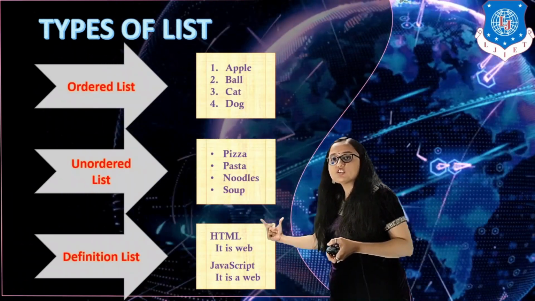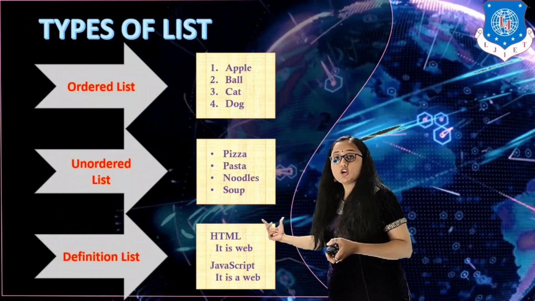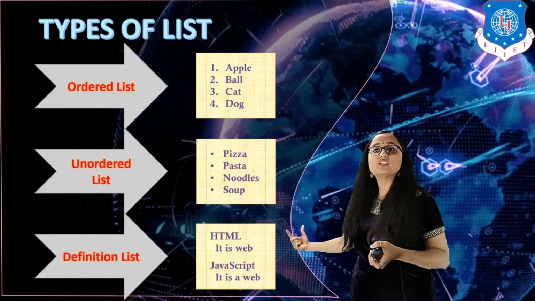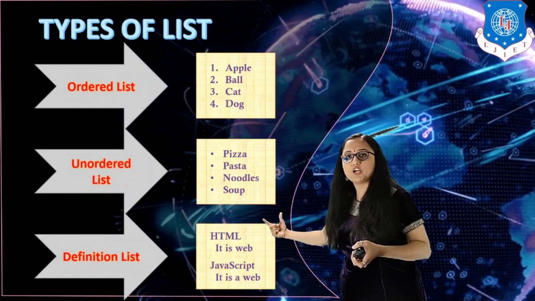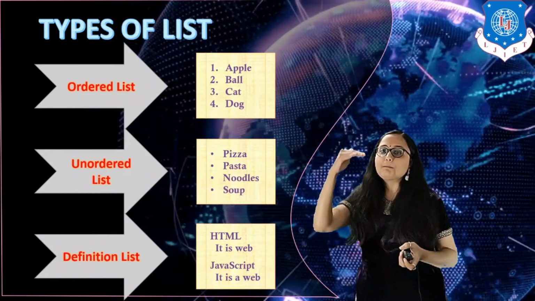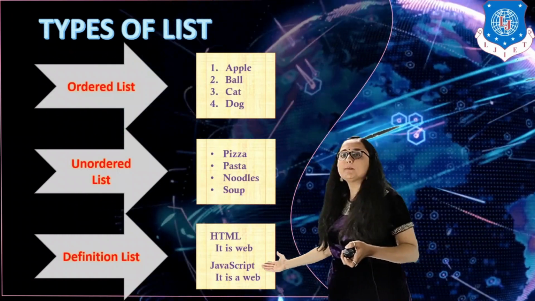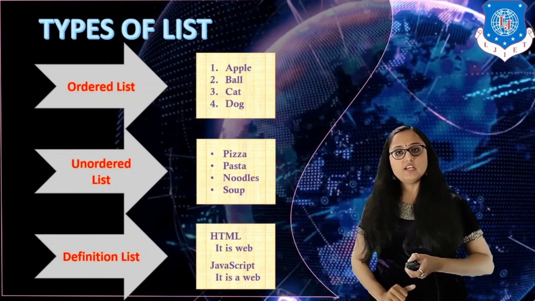The first one is your definition term or the definition topic, and below that definition topic you have the description of that corresponding topic, and you have a list of topic descriptions. Such a type of list is known as a definition list.